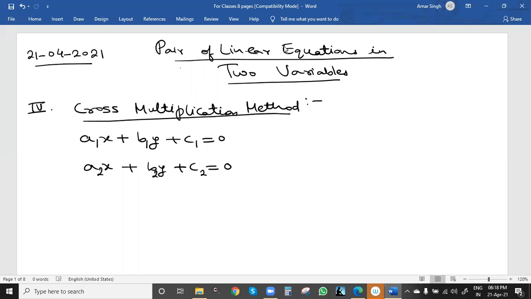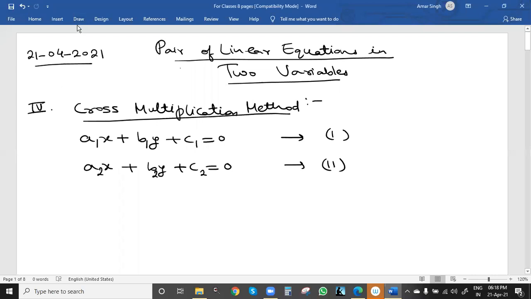So the first one will be a1x plus b1y plus c1 equal to 0, and the second one will be a2x plus b2y plus c2 equal to 0. Correct. Any equation we can now write in this form.